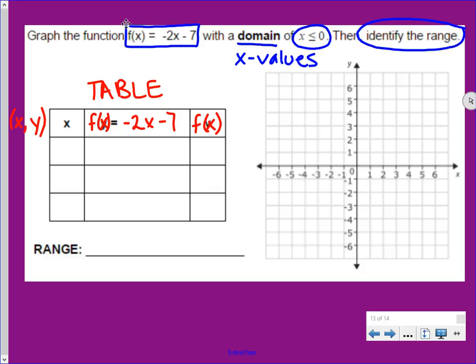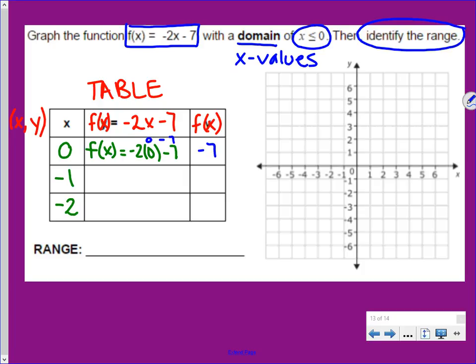So now instead of using 0, 1, and 2, we're going to use 0, negative 1, negative 2. Plug those into our function. We get f of x equals negative 2 times 0 minus 7. Negative 2 times 0 is 0, minus 7 is negative 7.